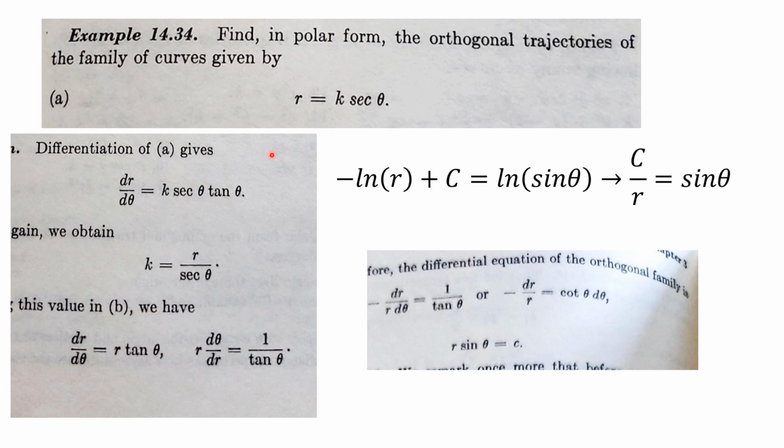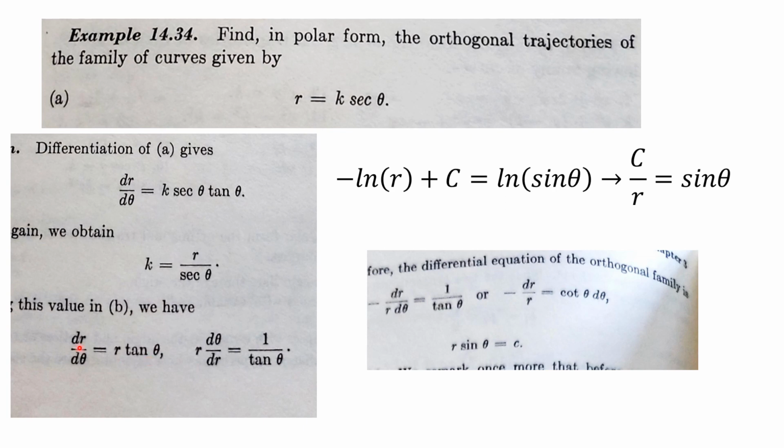And so now we have the original equation and the differential equation, and we know that k is equal to r over secant theta. So here is k secant theta, so we're going to replace that by r. And so we have dr/d theta is equal to r tan theta. Now, what we need to compute is r d theta/dr.